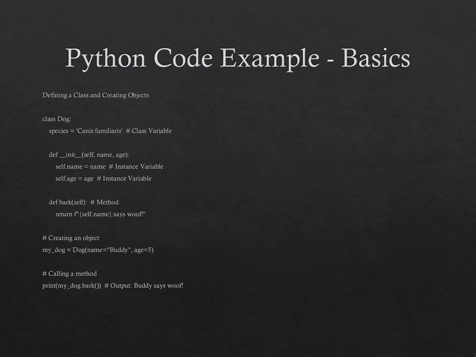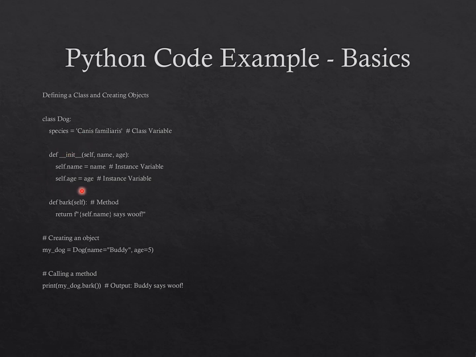Let's move ahead. Look at this code. This is a simple example of a Python class where you see that a dog class has been created and there is a variable called species. This species variable is a class variable, so it would be shared across the instances created from this dog class.